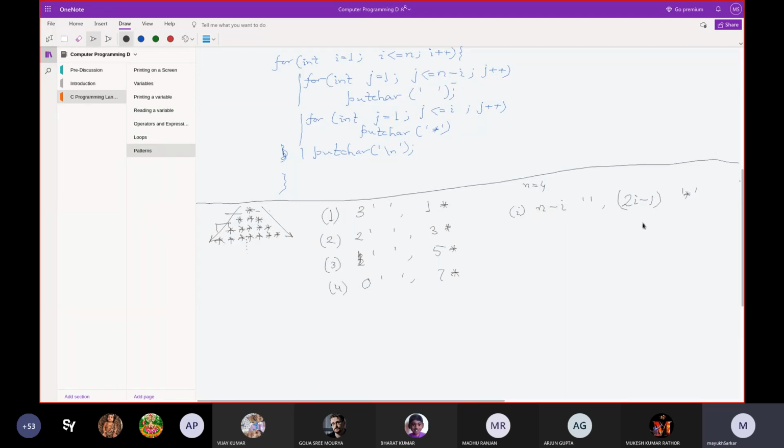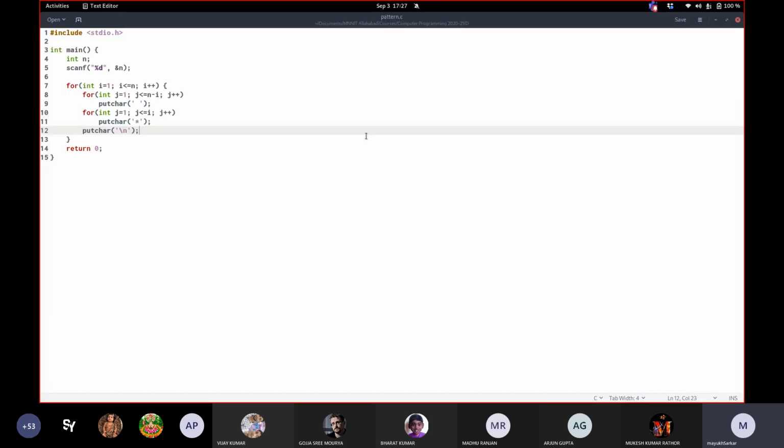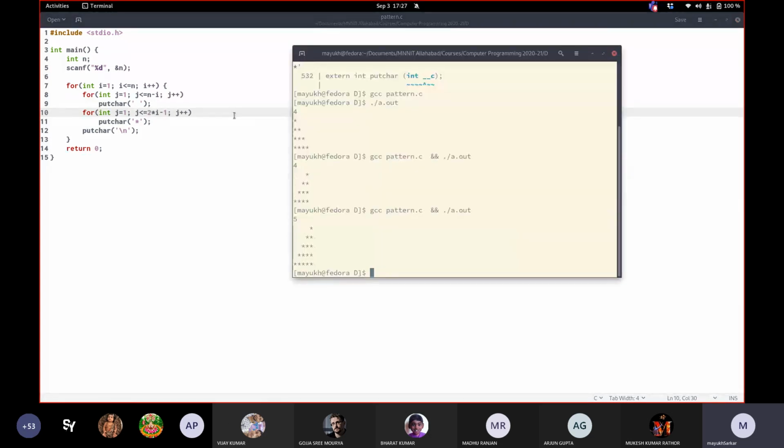This will be the pattern, right? If you put 2 into i minus 1 here and print out the pattern, you'll see the pattern created like this.